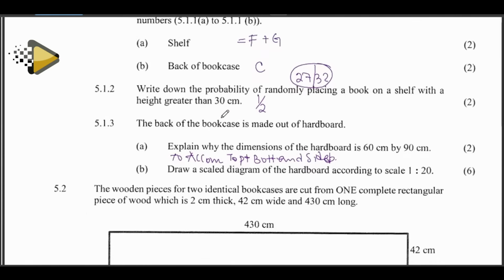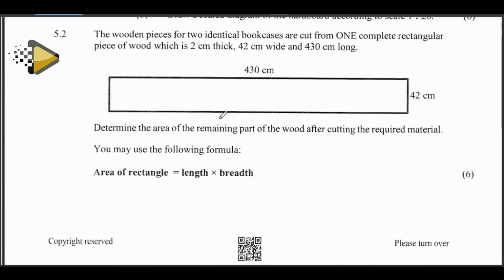Okay, we come down here and we ask ourselves, the wooden pieces for 2 identical bookcases are cut from one complete rectangular piece of wood. Remember, these are wooden pieces, excluding the back card. So we are cutting them from here. The piece is 2 centimeters thick, 42 centimeters wide, and 430 centimeters long.